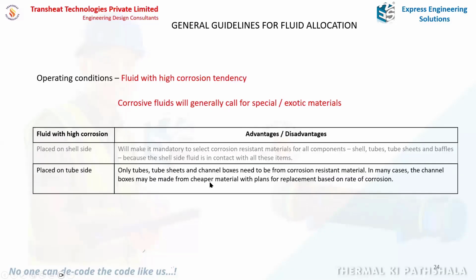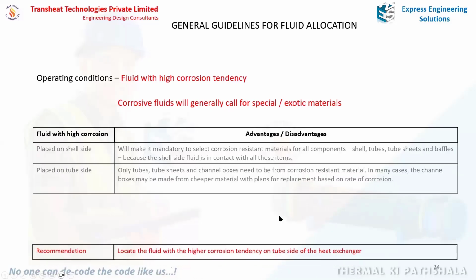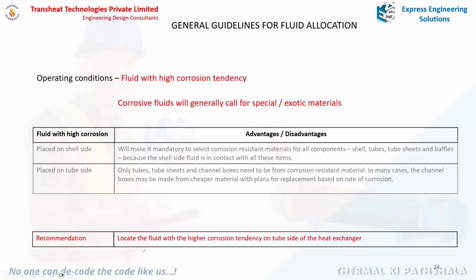In this case, you only need to make the tubes and the tube sheet from the exotic material. So it's advisable to place the corrosive fluid on the tube side.